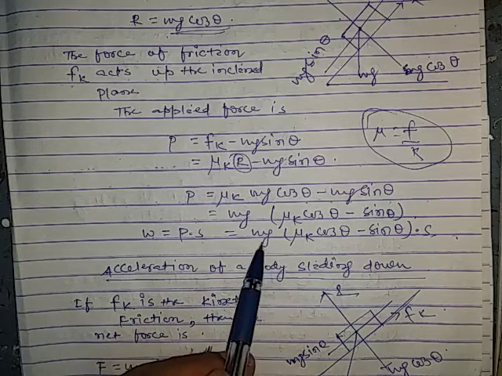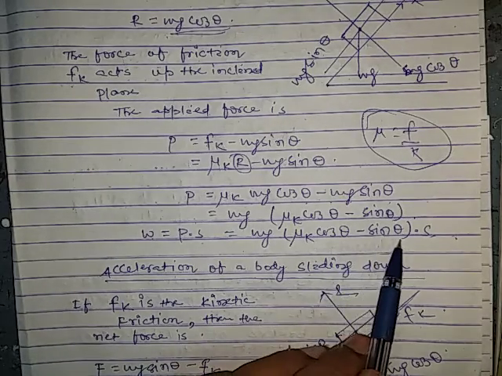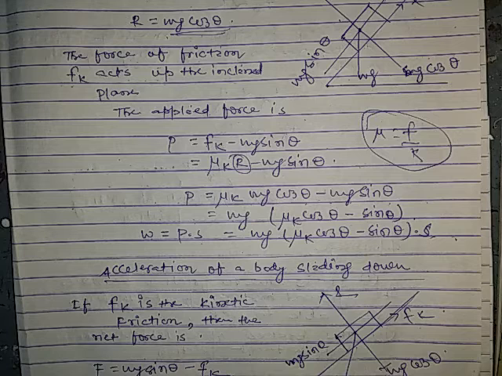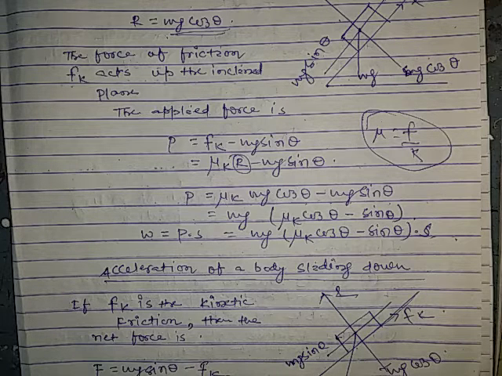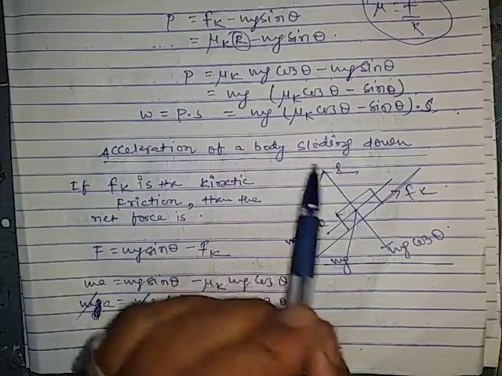So W is equal to mg into the bracket mu k cos theta minus sin theta, into S. It is the required relation for work done in moving a body down an inclined plane.